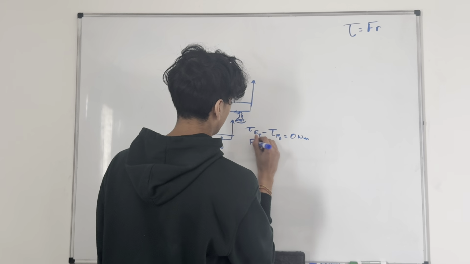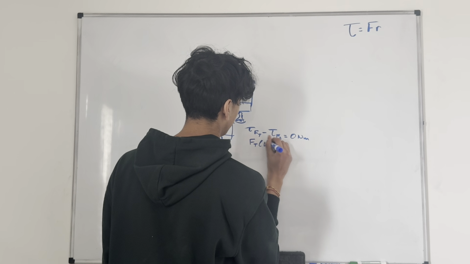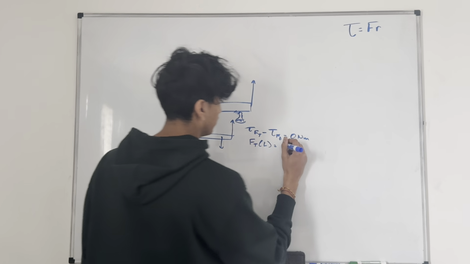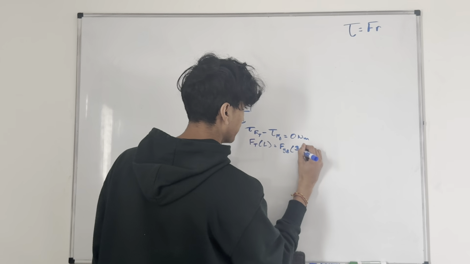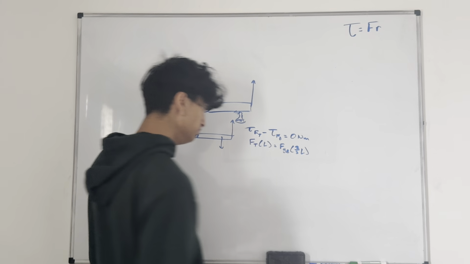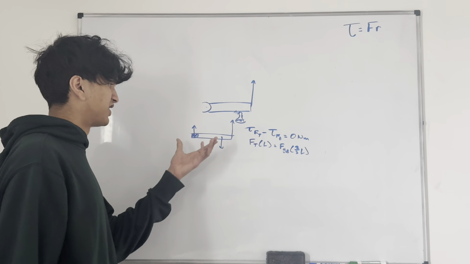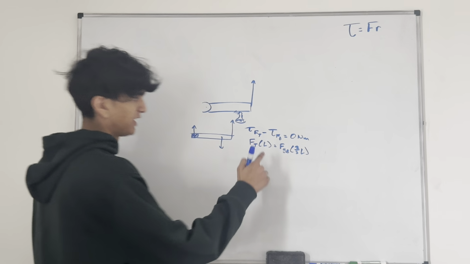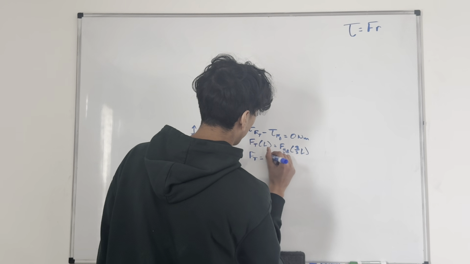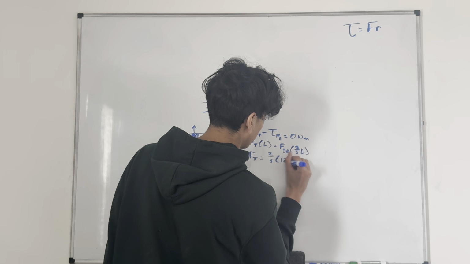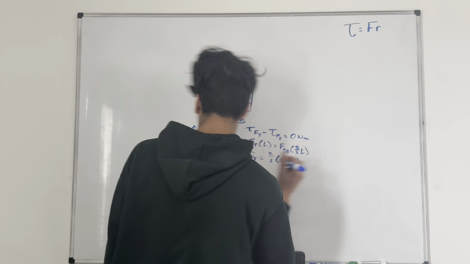So Ft times L, the total length, is going to equal the weight of the bell times 2/3 the length. We're not given the length of the beam, that's fine, it cancels out. So Ft is going to really equal 2/3 the weight of the bell, which is 120 newtons, I think.